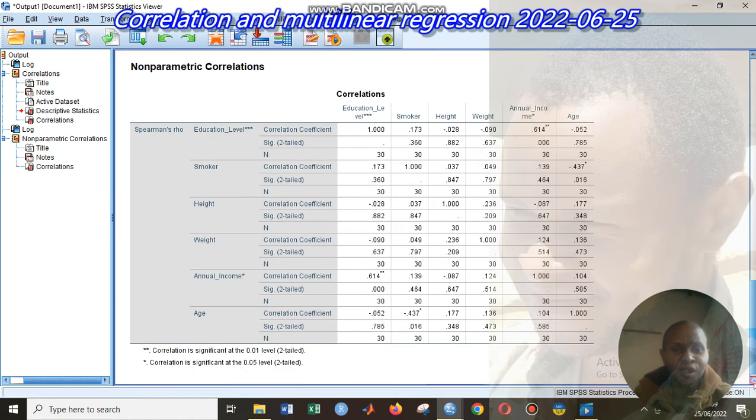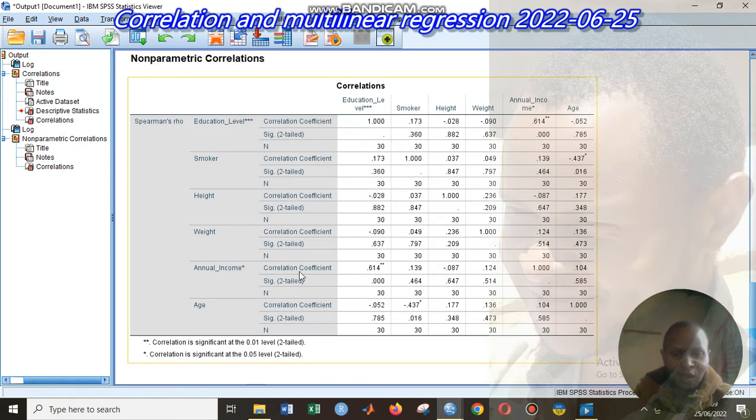Non-parametric correlation is also shown here. That is Spearman non-parametric. So we can see here between education level and smoker, and we can also see the significance. So we have done the correlation. How do we interpret this? 1.000 means there is a very high correlation between education level and education level.